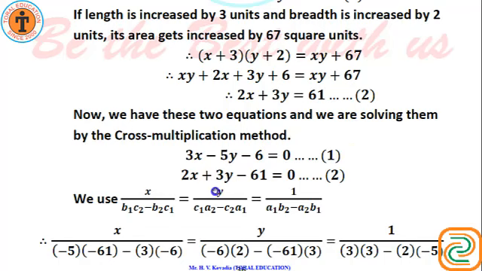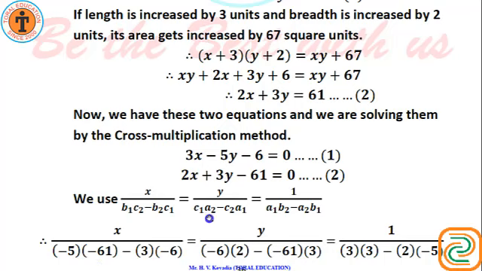Look, here I have written both the equations for our convenience. We want to find a1, a2, b1, b2, c1, c2. So I have put both the equations here. This is a1, a2, b1, b2, c1 and c2. So our formula is x upon b1 c2 minus b2 c1, b1 is minus 5, c2 is minus 61, minus 5 into minus 61.